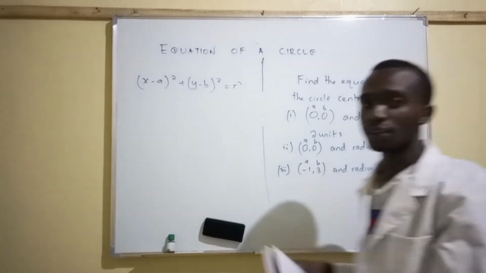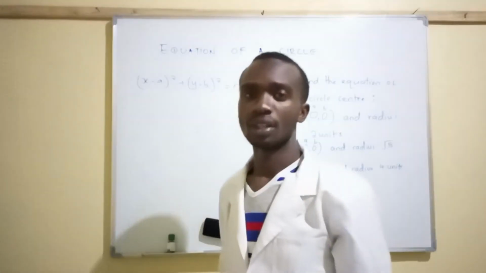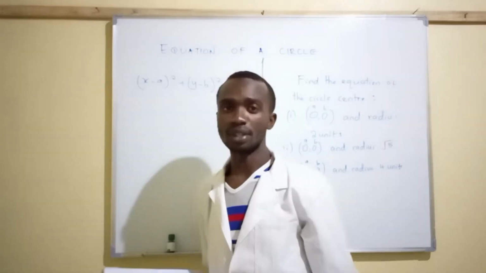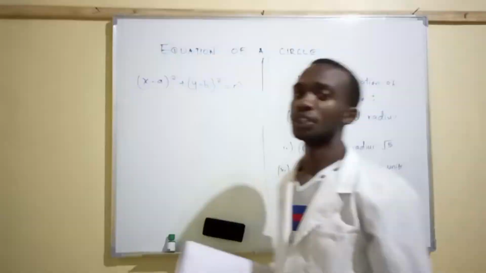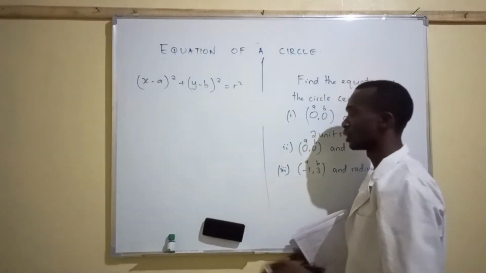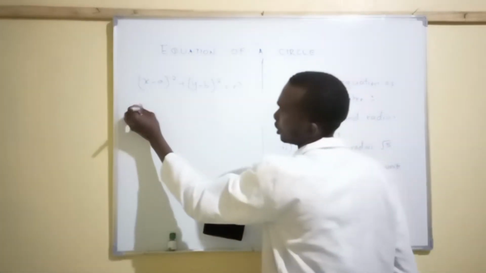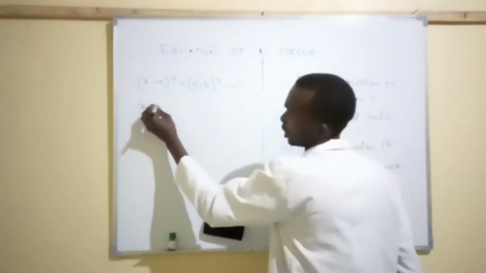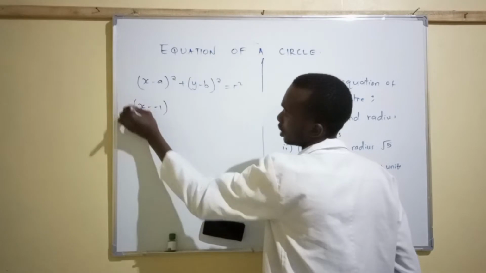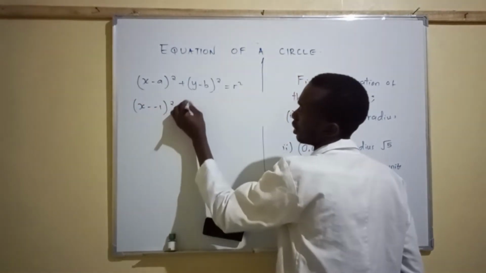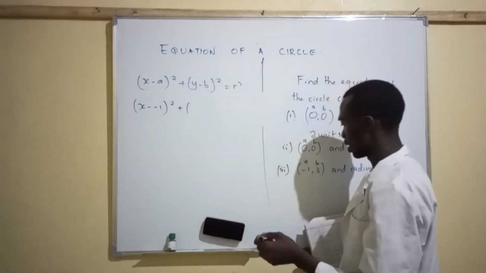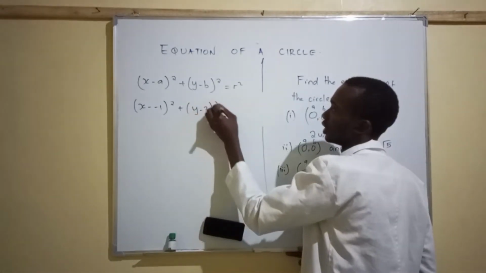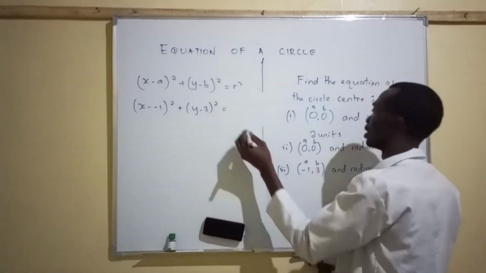So I substitute the value of a in the equation, which is negative 1, and also the value of b, which is 3. We have x minus a, but our a is negative 1, so it is x minus negative 1, squared, plus y minus b, which is y minus 3, squared. This gives you r squared, which is 4 squared.